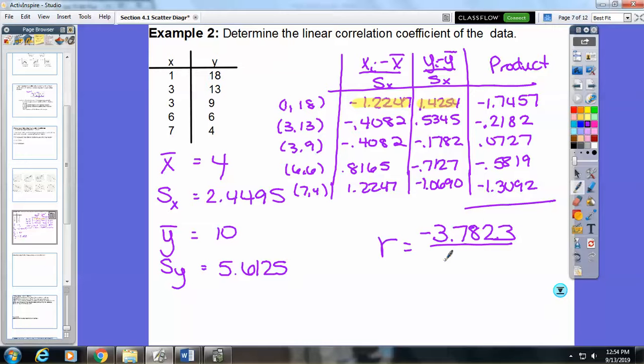We had 5 points, so n minus 1 would be 4.